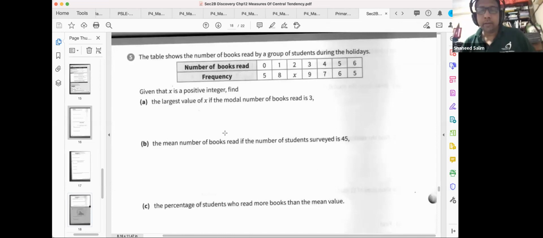Now, this one, you have to start with the belief again that, honestly, I myself don't know how to do it in the beginning. So what do I do? I just proceed further. Let's see.